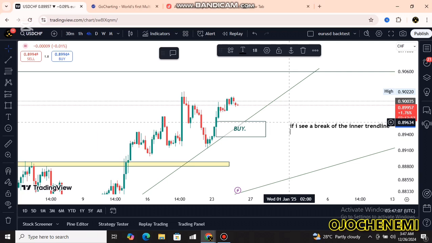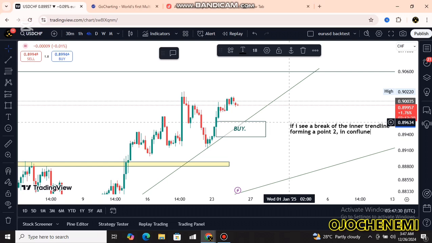The new touch is going to be the touch 2. That second point is going to take the price of the market to a new high. That's what I'm expecting.